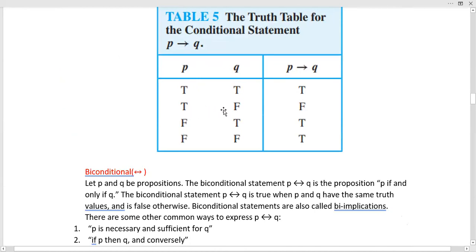If the first one is true and the second one is false, then P conditional Q is false. If the first one is false and the second one is true, then P conditional Q is true. If both are false, then P conditional Q is true. So according to mathematical logic, P conditional Q is false only when the first one is true and the second one is false. This is the mathematical symbol.